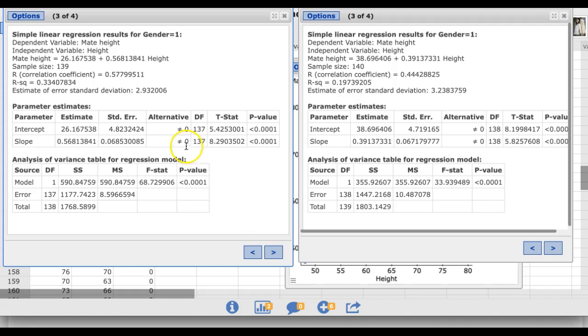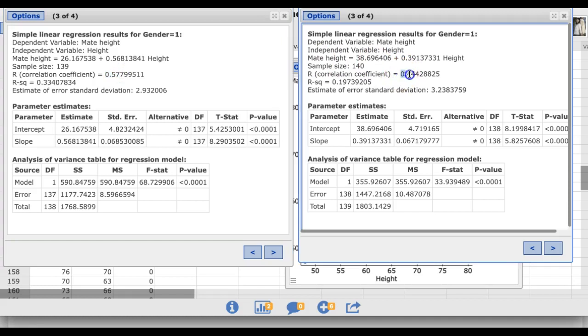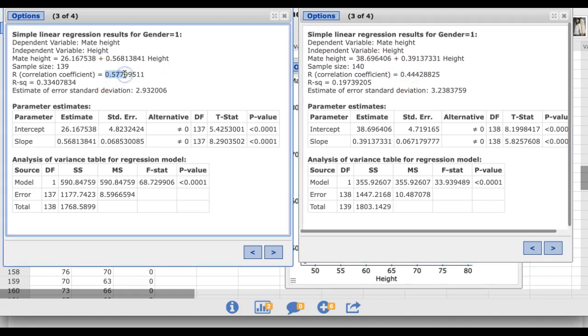Okay, so now let's compare. Gender is equal to 1. Let's look at the correlation coefficient. With the point, it was 0.44. Without the point, it went to 0.577. So in terms of correlation, a big increase.